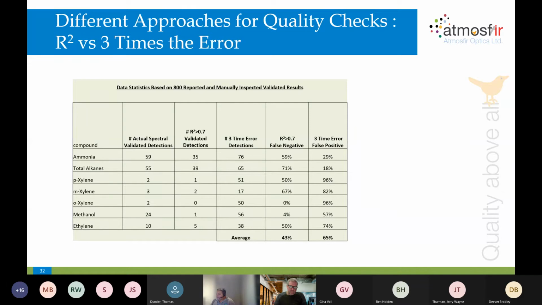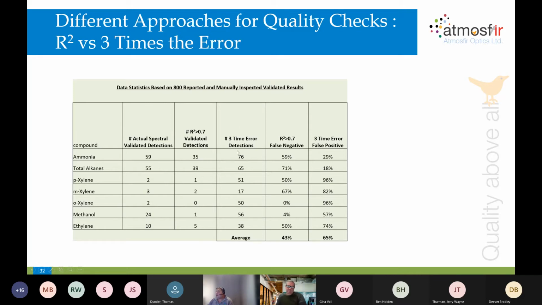Our scientists looked at each one of the spectra, and they validated 59 ammonia hits, 55 total alkanes, 2 xylenes, etc. If you used the R square as your filter to validate data, and even if you take 0.7 as your cut point, then you will have just 35 hits of ammonia instead of 59.